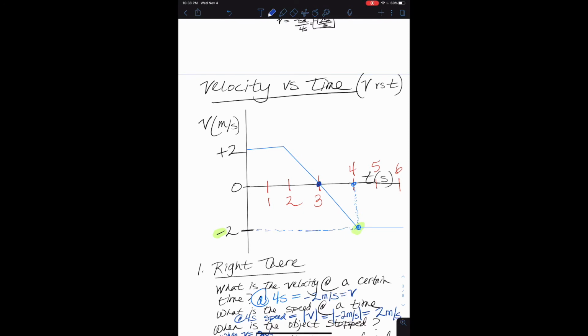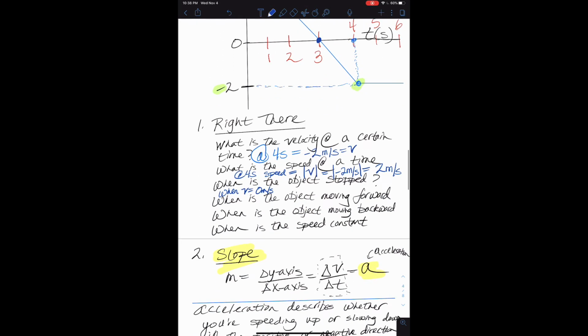This is when it crosses the x-axis at time 3 seconds. So it's just for that one split second of time that it stopped. So we can say at time equals 3 seconds. All right, the next question. When is the object moving forward? The object is moving forward anytime its velocity is positive.